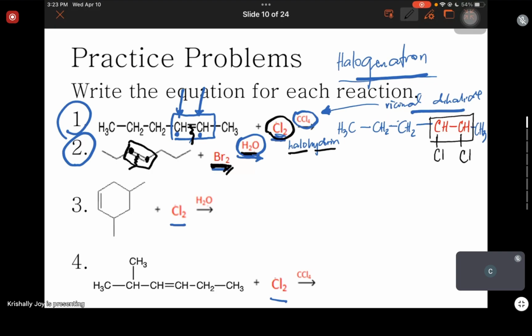It will depend on what solvent is used. So it's up to you. This is the portion that is highly reactive. After you break the pi bond, one of them will have the bromo, then the other one an OH.